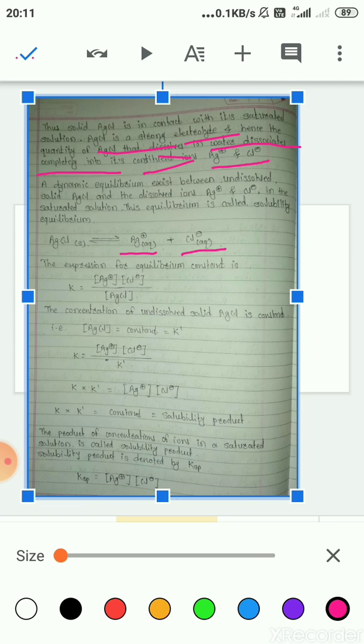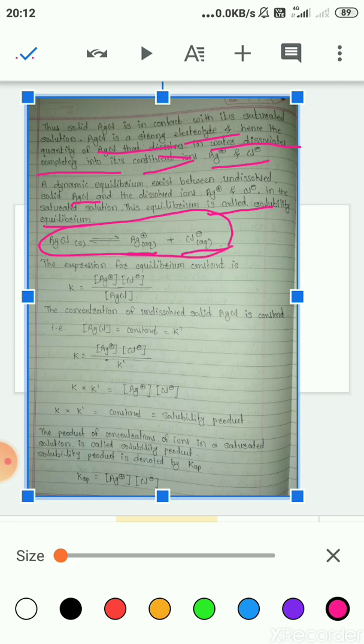As we have considered the example of silver chloride, the definition is that a dynamic equilibrium exists between solid silver chloride and the dissolved ions Ag+ and Cl- in the saturated solution, and this equilibrium is called solubility equilibrium. Here we have written the equation for the equilibrium between silver chloride and its ions.